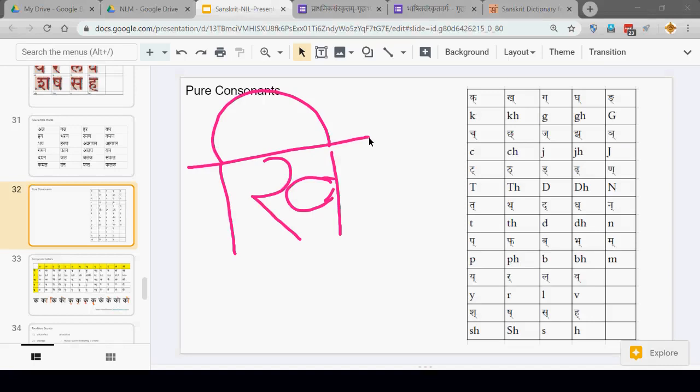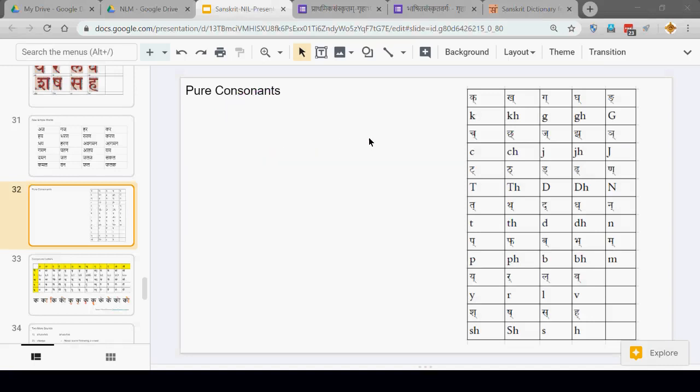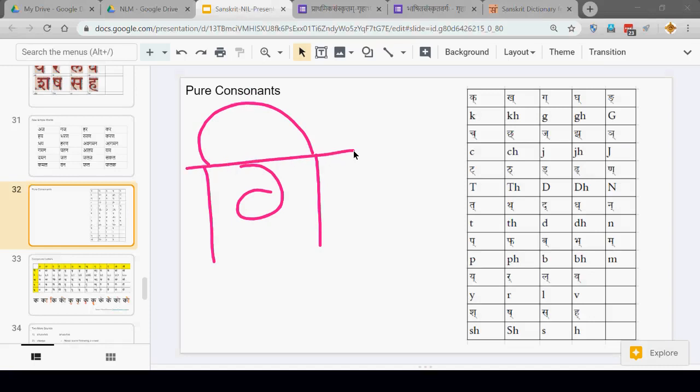Okay. Ki. Similarly, gi. How do you write gi? Write the g first, vertical line, and the half circle at the top, the loop at the top, joining those two parts.